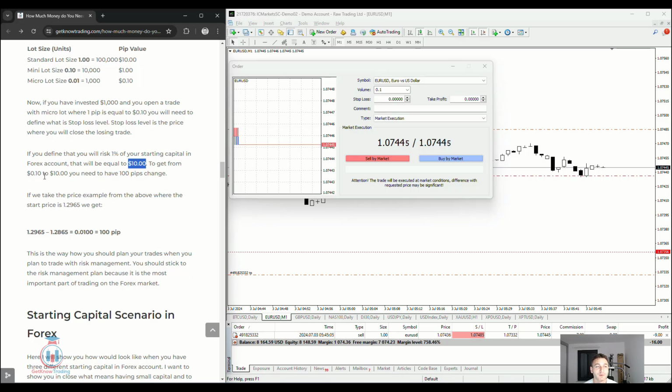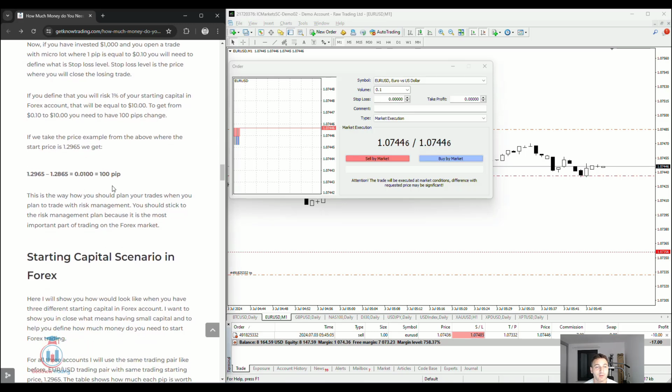Now, to get from $0.1 to $10, you need to have a 100 pips change. So if you have an example here with these prices, you can see that this price should change from 1.2965 to 1.2865, which will be equal to 100 pips.